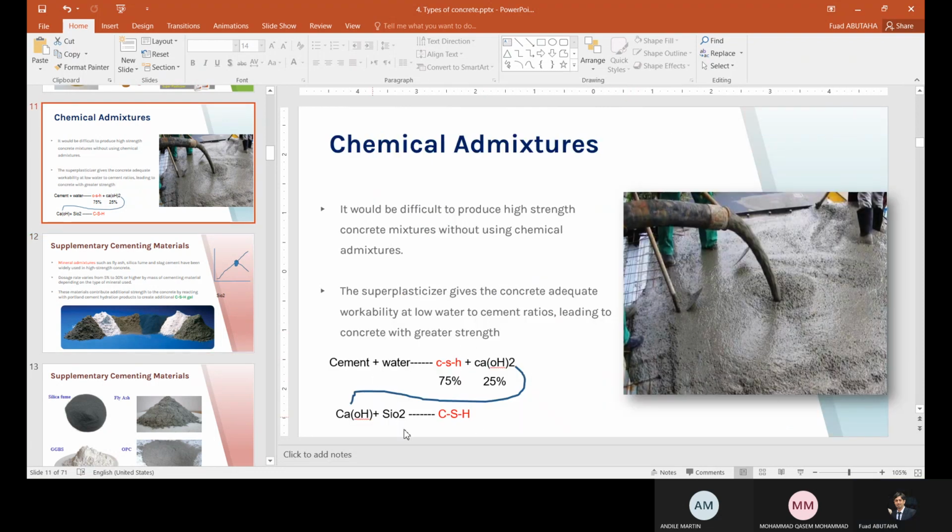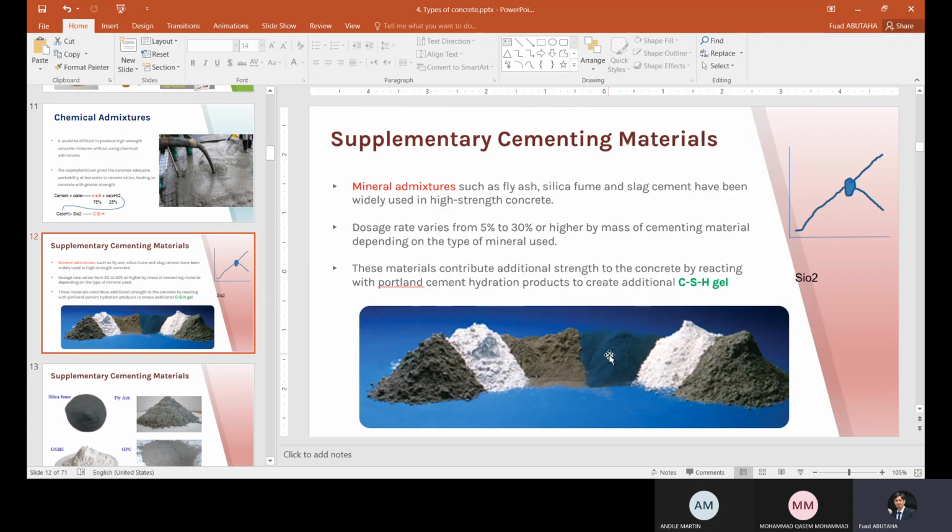Silica fume contains 90% silica, and it will react with calcium hydroxide and convert it to extra calcium silica hydrate, so it will increase the strength. It is also another way of contribution to the strength by its particle size.